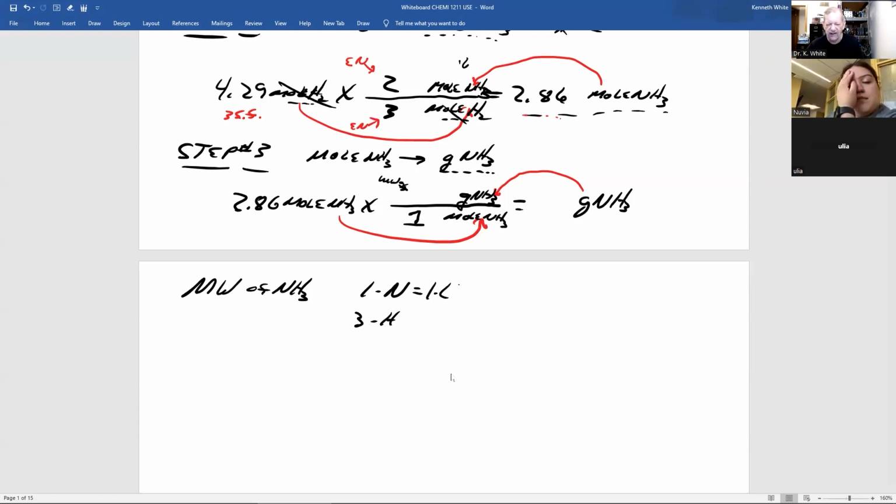Each nitrogen is 14.0. We just saw that from the periodic table. Now, earlier, we found each hydrogen, there are 3 of them, is 1.01 atomic weight. Do the math, multiplication, and now add these up.